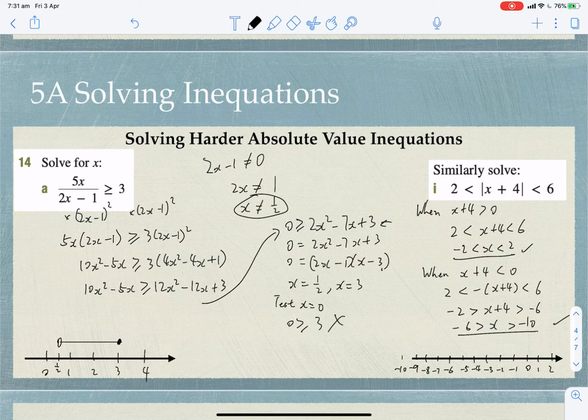So it's between negative 2 and 2, and it's less than, so there's no equal. So one part here, and the other part is between negative 10 and negative 6, so negative 10 is here, negative 6 is here. So two parts. Yeah, it is a little bit tricky, but that's how it is.